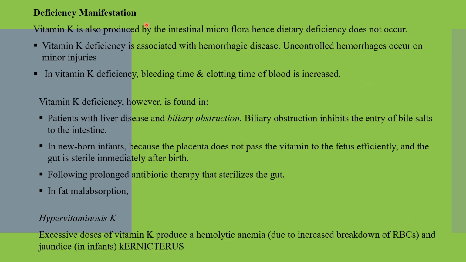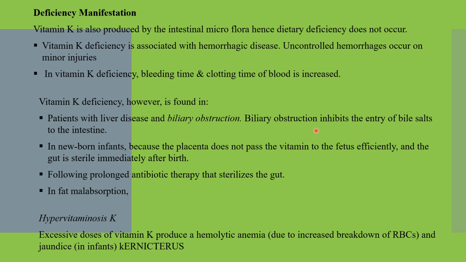Then deficiency manifestations. Vitamin K is also produced by the intestinal microflora, so dietary deficiency rarely occurs. Vitamin K deficiency is associated with hemorrhagic diseases. Uncontrolled hemorrhage occurs on minor injuries. In vitamin K deficiency, the bleeding time and the clotting time of the blood are increased. However, vitamin K deficiency is found in a few cases, like in biliary obstruction.